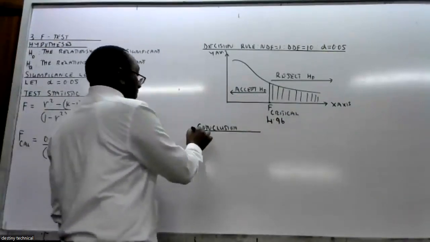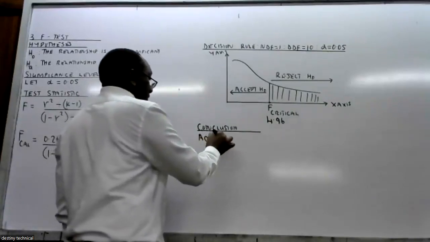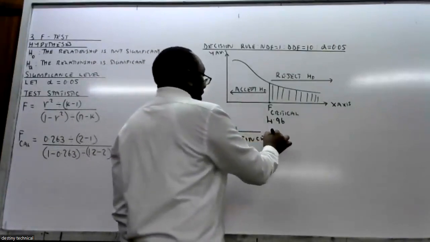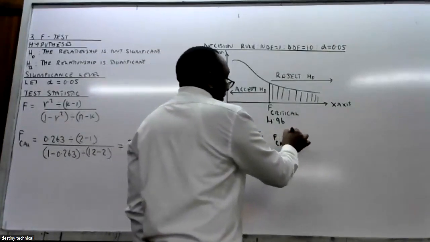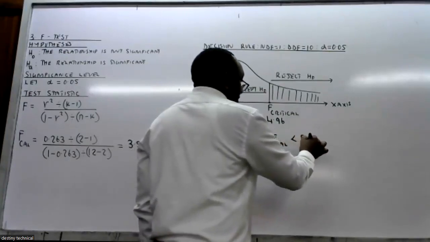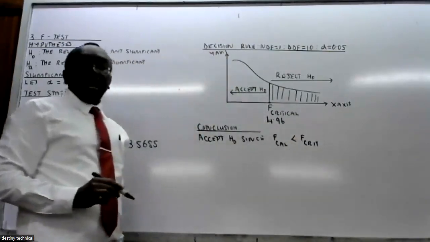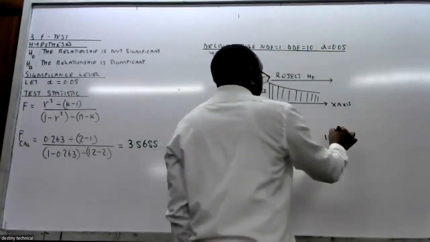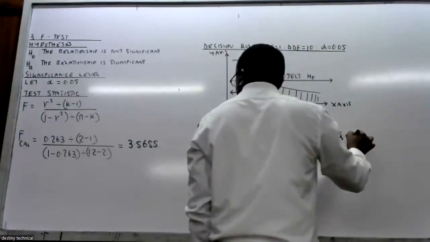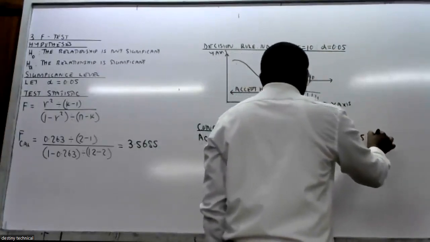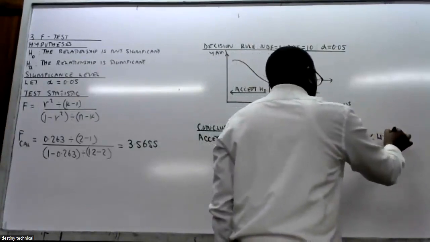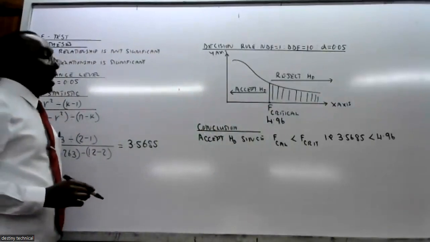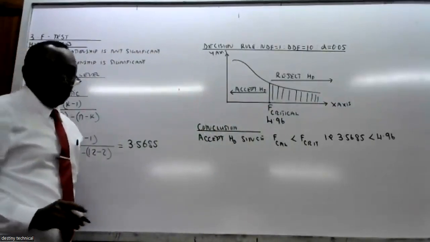So we are going to say accept null hypothesis since F calculated is less than F critical. That is, 3.5685 is less than 4.96. So that is the conclusion.